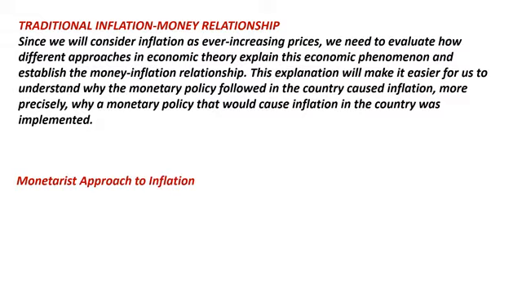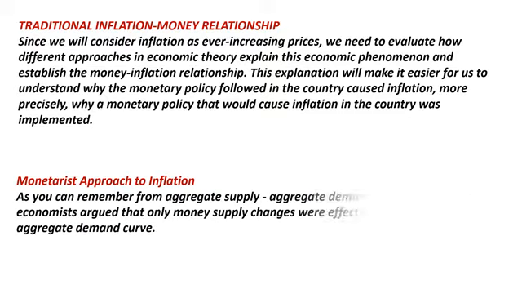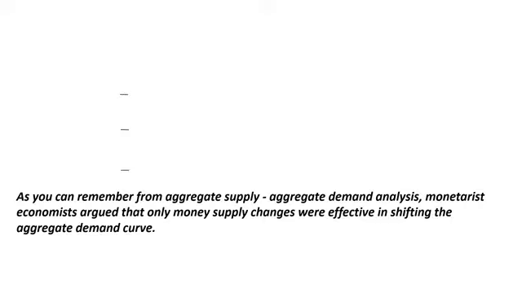As you can remember from aggregate supply, aggregate demand analysis, monetarist economists argued that only money supply changes were effective in shifting the aggregate demand curve. Therefore, let's first analyze the result of the constantly increasing money supply by using monetarist analysis through a figure.